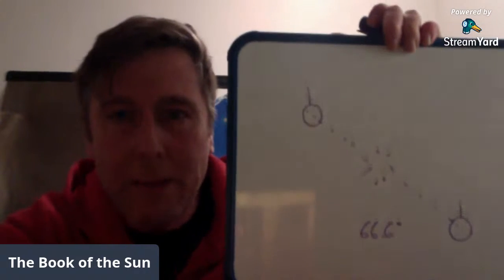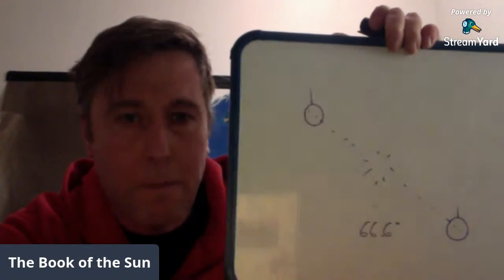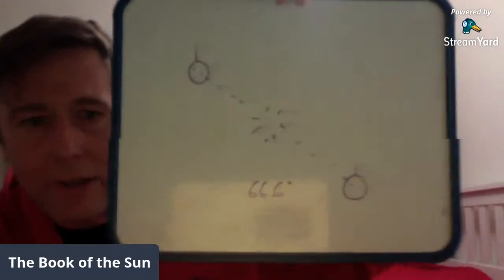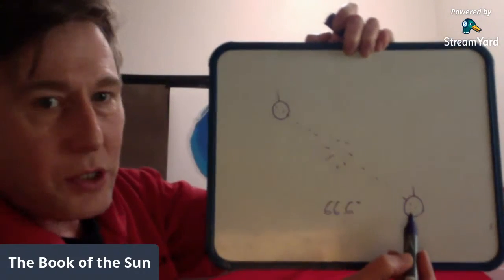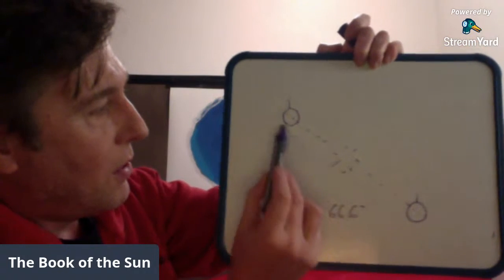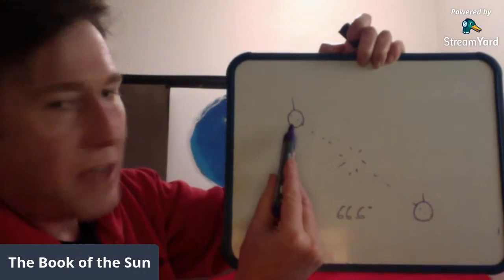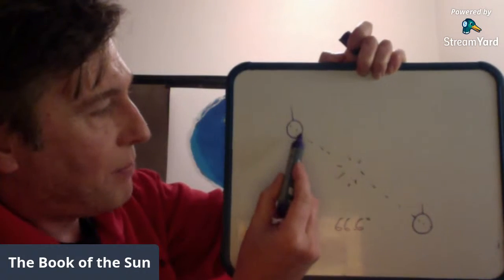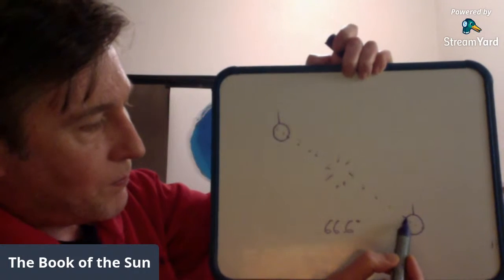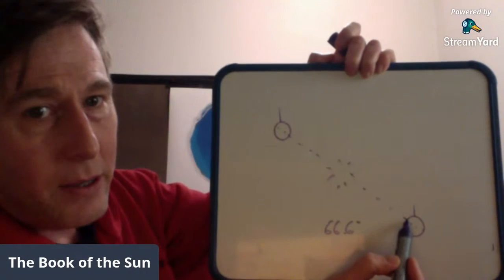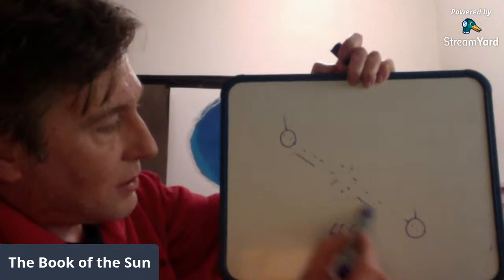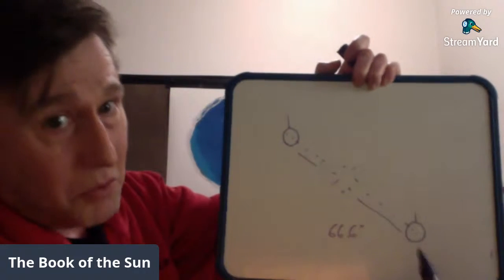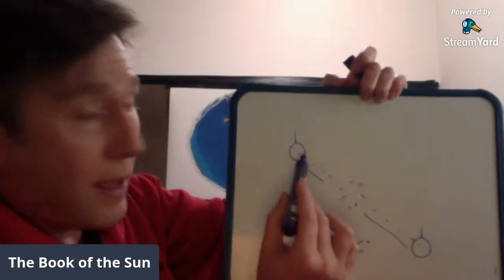Okay, so here, let me make sure that I'm displaying what I think I'm displaying. Yes, here. Okay, Sun, Earth in July, Earth in June, Earth in December. Okay, Tropic of Capricorn, Tropic of Cancer. Closer to the Sun here, more distant to the Sun there. Strangely, more heat here than there.